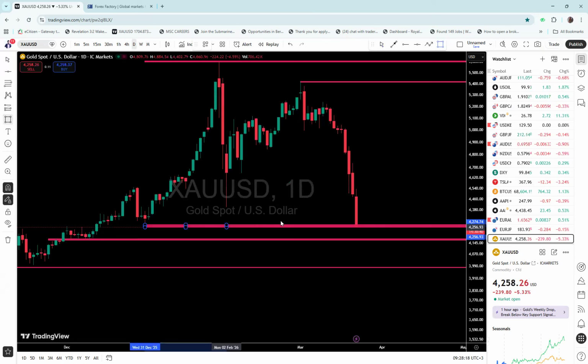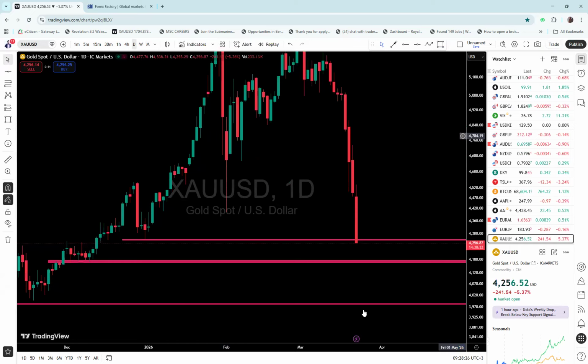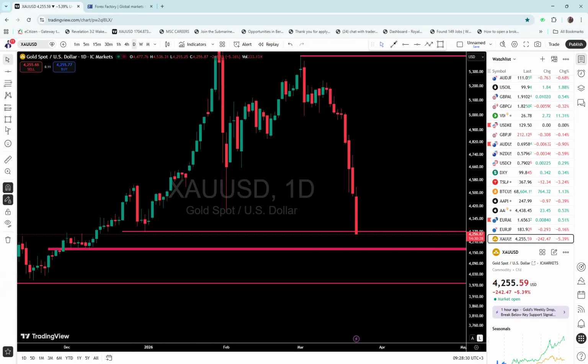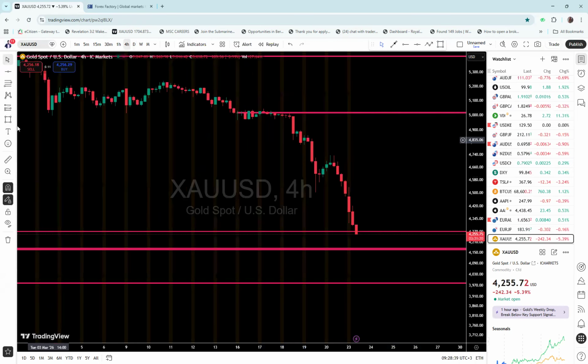Oh, it's actually breaking that low this week. It's breaking the daily low. So monthly low, weekly low, daily low over here. Daily high over here. The highs don't even make sense right now. It's way too far away. Look at this.